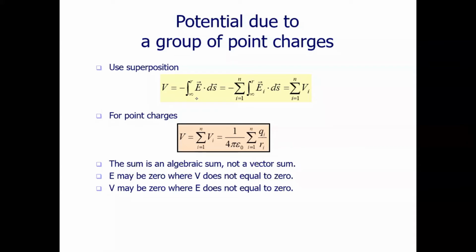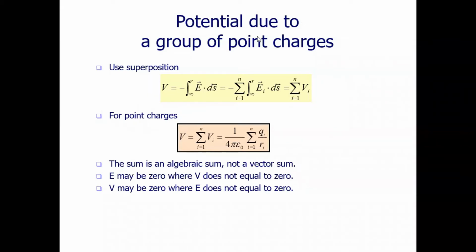Okay. All right. So now what we're trying to say is, what if you have more than one charge in a certain area, then how can you find the electric potential due to those charges?